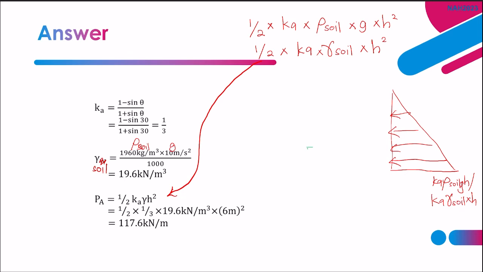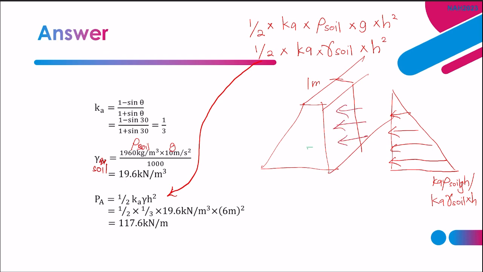Then I get 117.6 kilonewton per meter. Maksudnya untuk setiap 1 meter panjang retaining wall ini, itulah dia punya pressure yang the retaining wall ni kena pada dia lah.